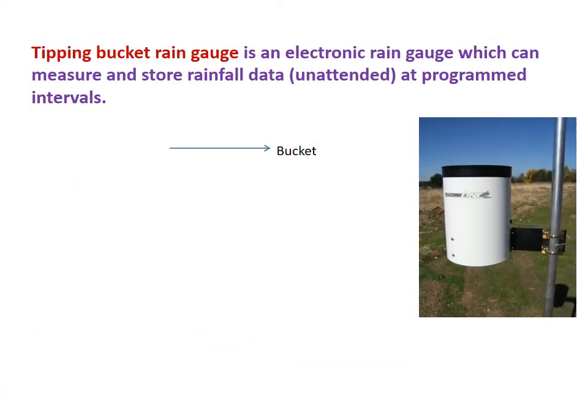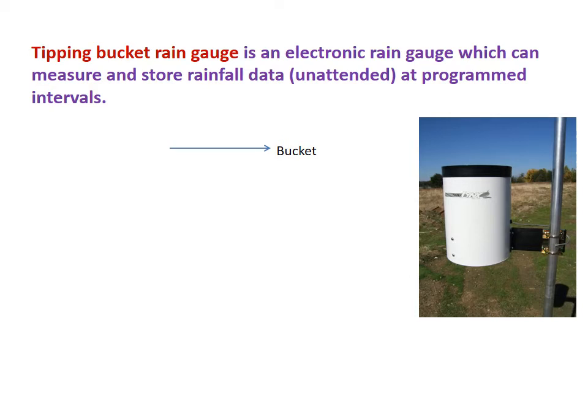In a manual rain gauge, which I have shown you in the previous slide, you have to go every day and make a measurement of the rainfall by emptying that water and then measuring it using a measuring cylinder.